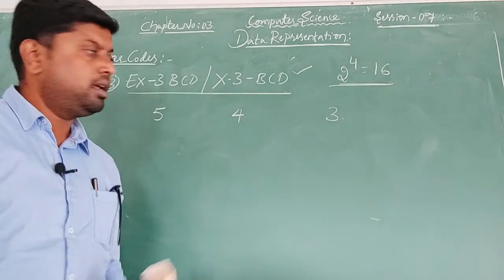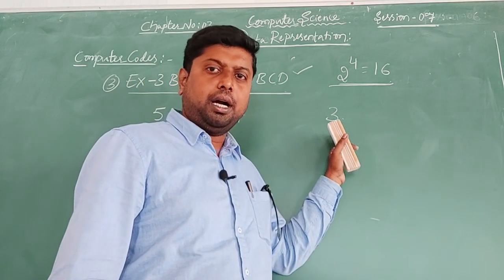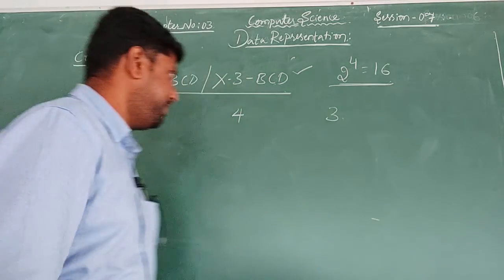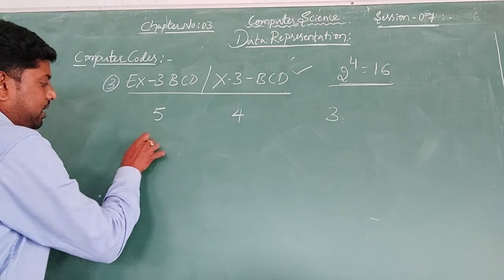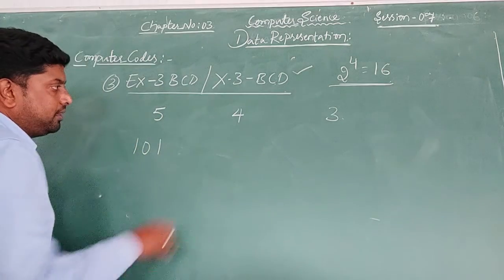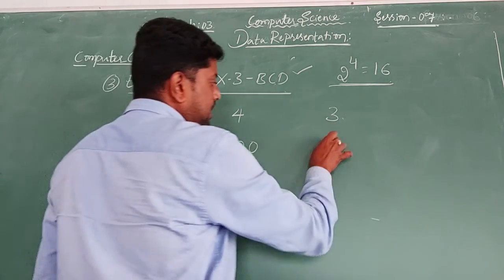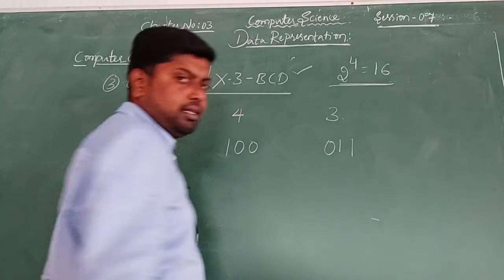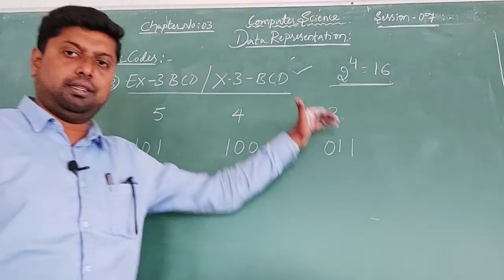First you write 543 by giving a binary number for each of the 3 digits. So for 5, how will you write it in BCD? 101, 4 plus 1, 5. Then like that for 4, 100. Like that for 3, 011. Then these are the binary representations for 5, 4 and 3.